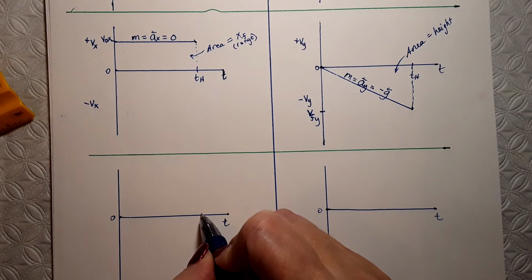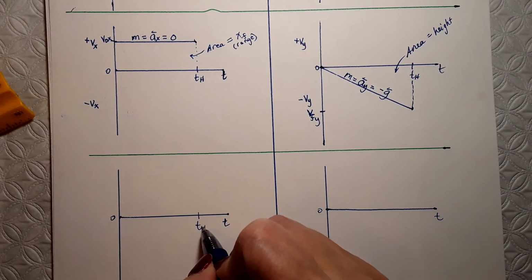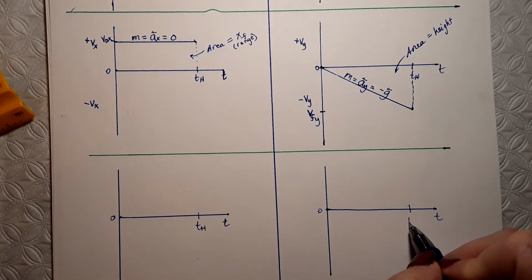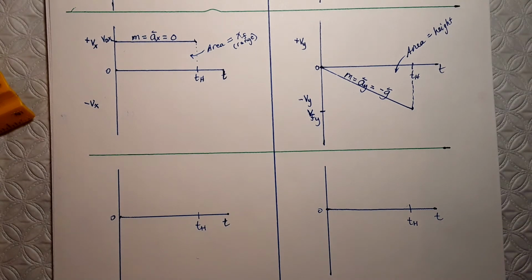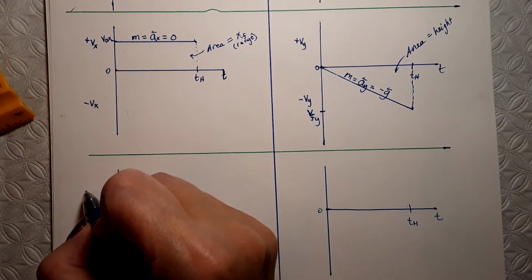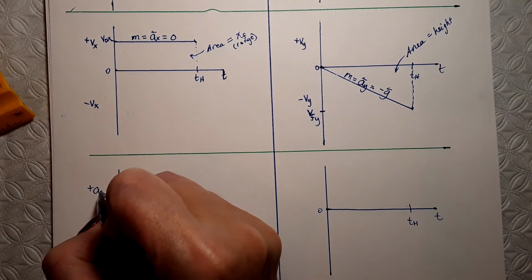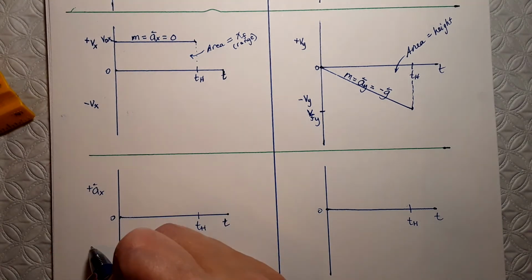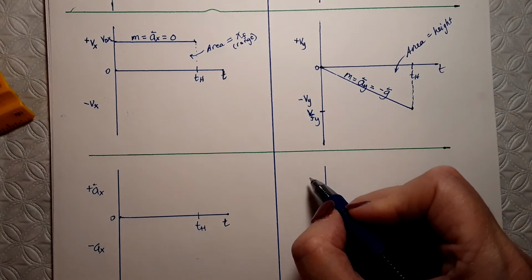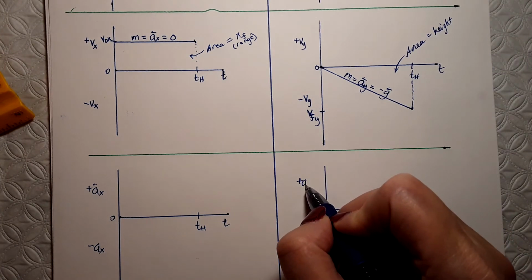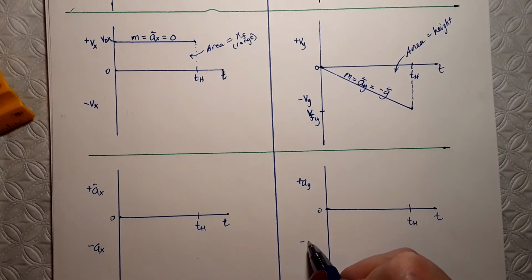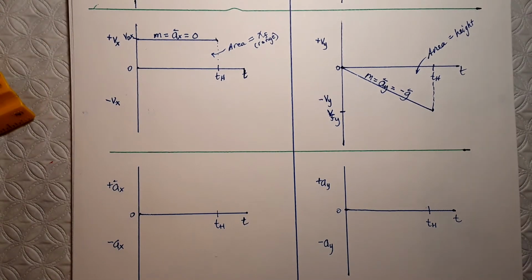And if we mark the hang time specifically, all right, we have positive x-directed accelerations and negative ones. And here we have positive y-directed accelerations and negative ones. All right, let's start with the vertical motion.